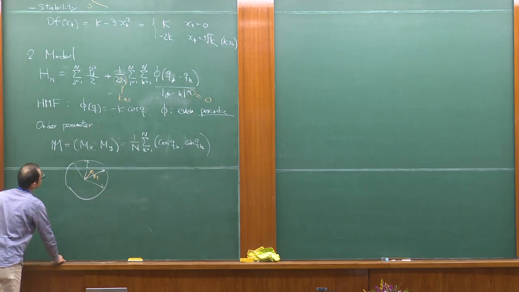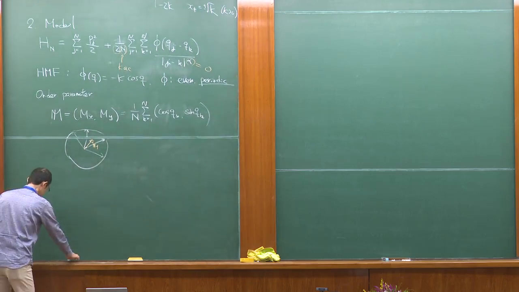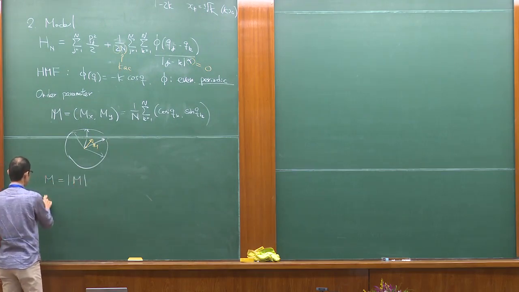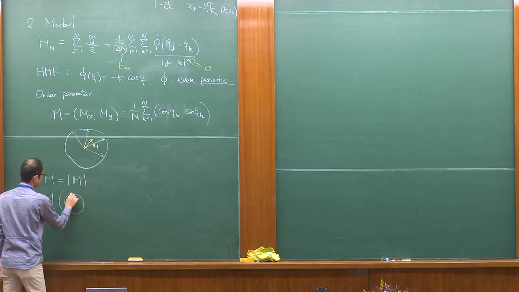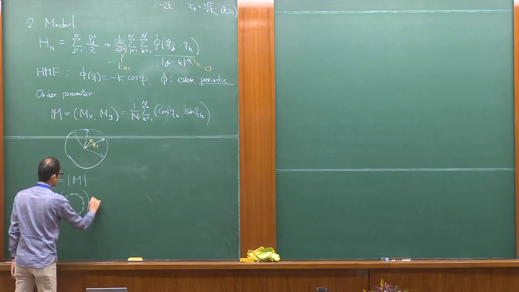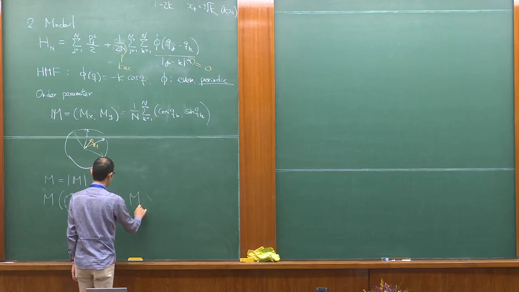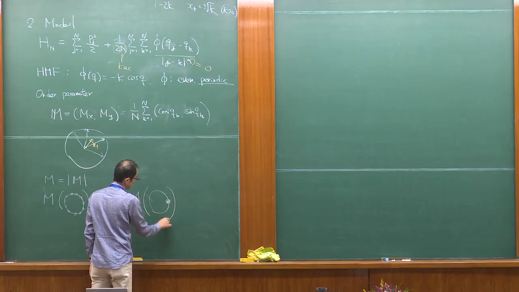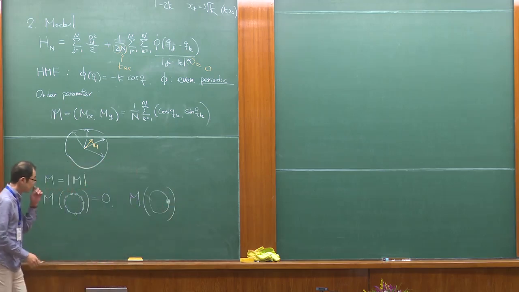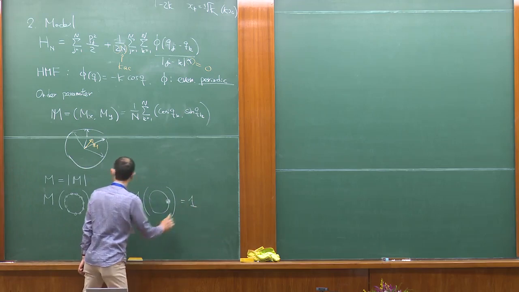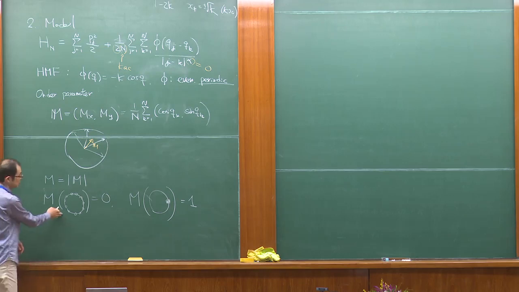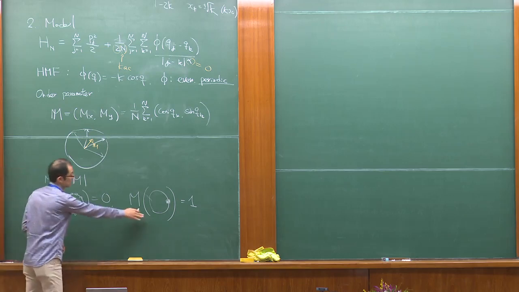So if we introduce the absolute value of this vector, then m with the uniform distribution is 0, and m, with N particles at the same point, is 1. So it indicates how large a cluster we get. So this one is 0, no cluster, and this one is the strongest cluster.